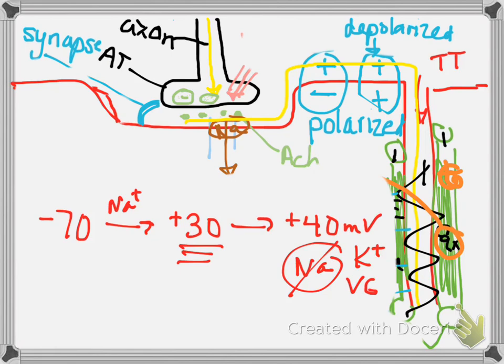And where do you think potassium is going to go? It's going to go out, absolutely. I'm going to draw that in green. So when it gets to positive 40, now potassium, what charge do we have on a potassium ion? Positive. It's going to go out.